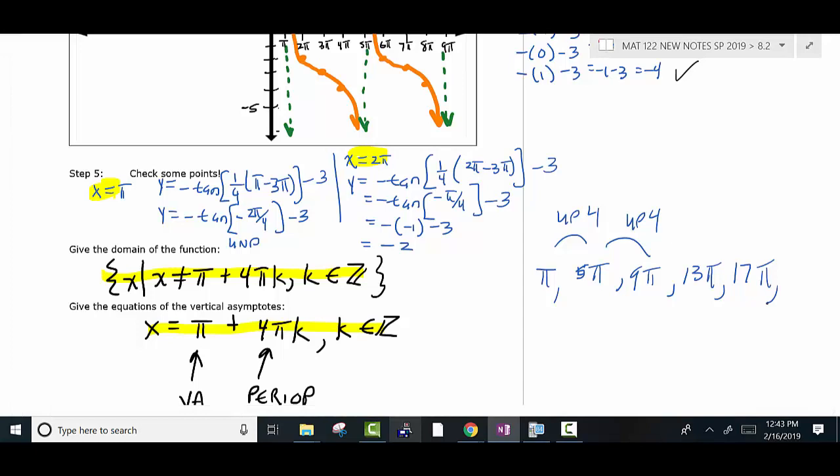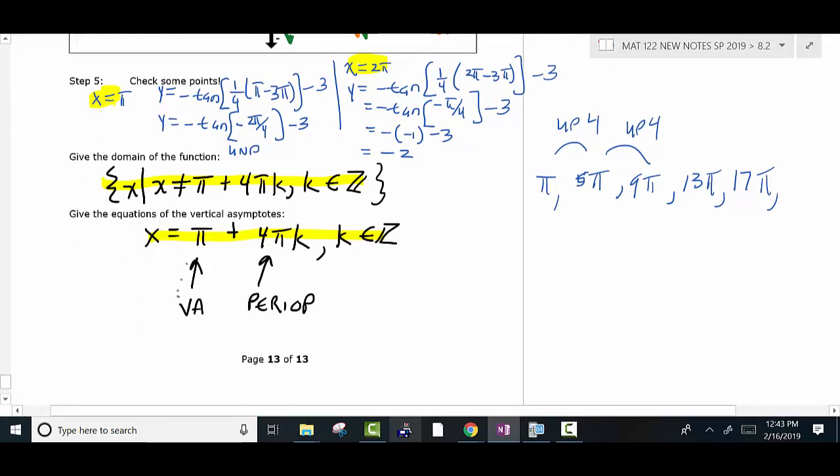So it's just as easy to use the formula, which is take a vertical asymptote plus the period times k. The first asymptote that we got, the smallest one, was pi. Then I add the period, 4 pi k, and I got it. That is easy to do in your head. If k is 1, then you have pi plus 4 pi times 1, so you get an asymptote at 5 pi.